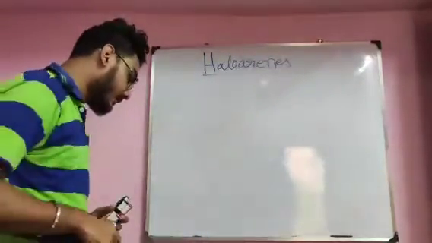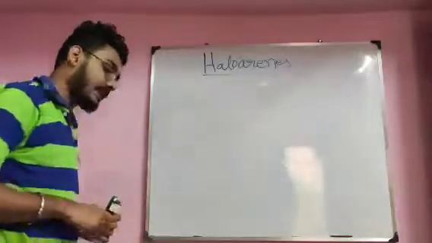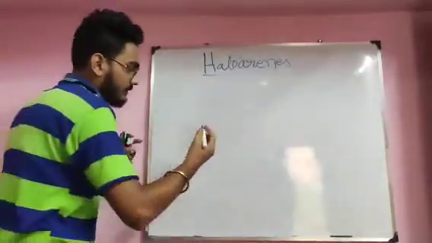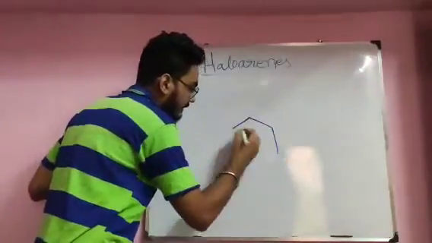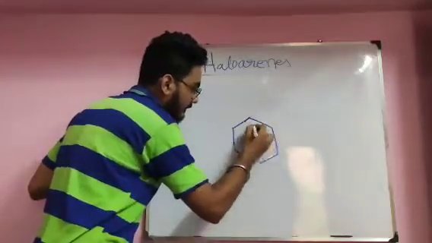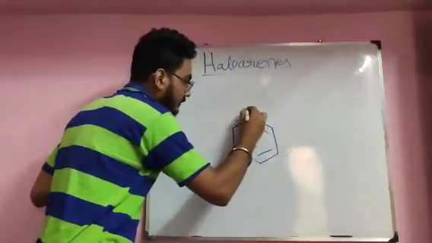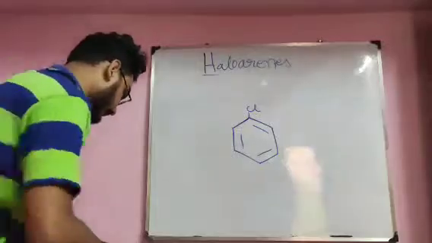Substitution of the X group by the NH2 group, that is chlorobenzene to aniline. This is chlorobenzene.